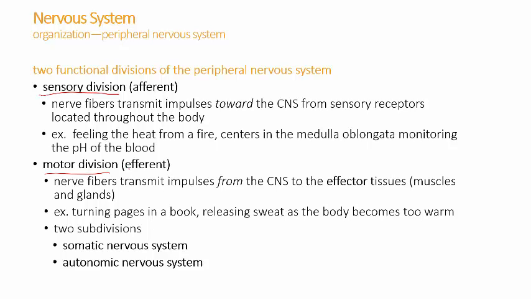Afferent means toward, so these are nerve fibers that transmit impulses toward the central nervous system from the sensory receptors. This is how we get sensory input from wherever the sensory receptor is to the central nervous system.